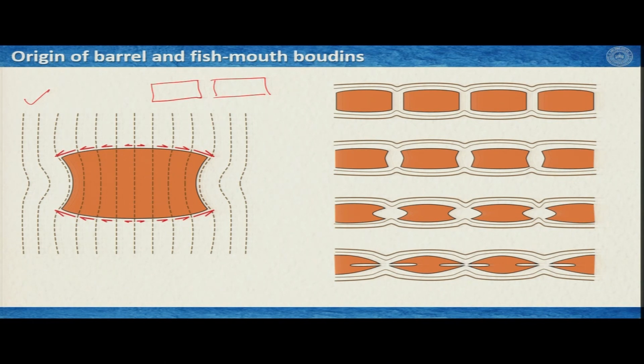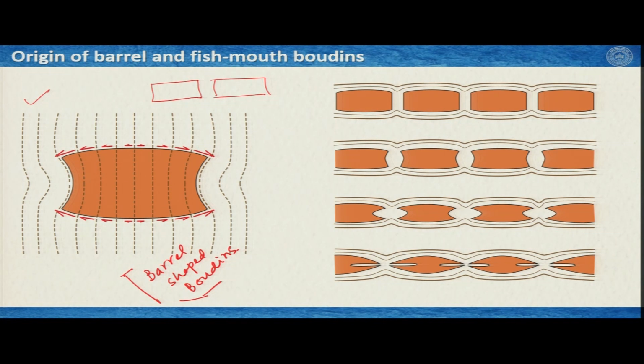So, barrel shaped Boudins, which is this one, is a very typical process and this evolves with the Boudinage processes.